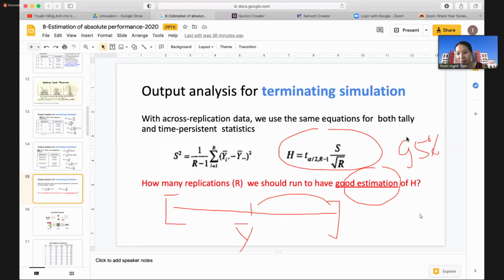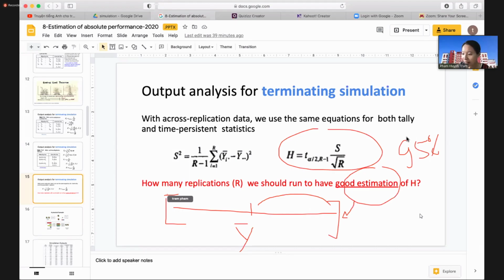A 95% confidence level is better than 90%, which is better than 80%. So the higher the confidence level, the better. And then a good estimation also refers to the width of our confidence interval, the estimation range.